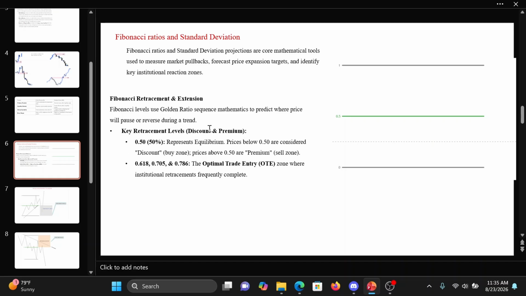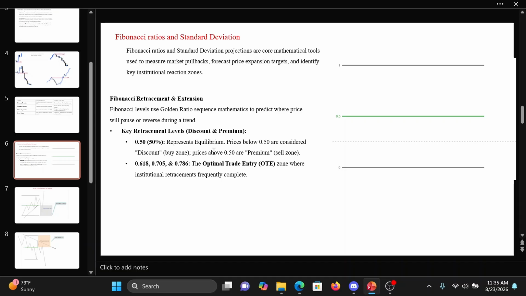So the key points of the Fibonacci, we have the 50% Fibonacci, which is also called the equilibrium, the middle ground or the midpoint of the Fibonacci. Others may mark it at 50%, others may mark it as 0.5.